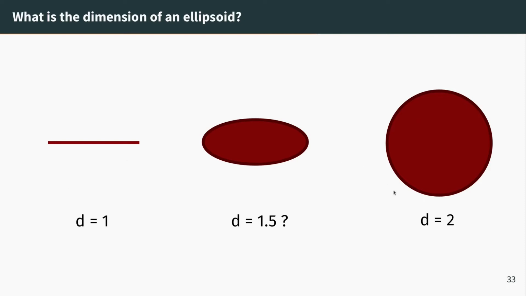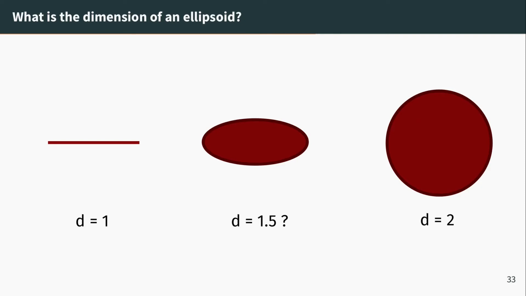An ellipsoid that has two great axes of equal length, so a circle, a disk, clearly is of dimension 2. But then in real life, most of the time, you're going to observe something in between. Just because you have noise in your data, even on the Swiss roll data set, you're never going to observe a completely planar covariance matrix. You're always going to have a bit of depth.